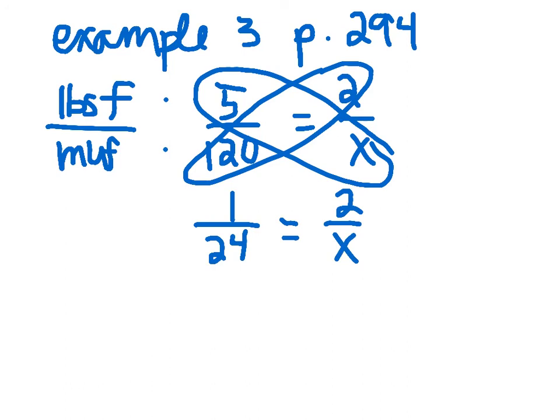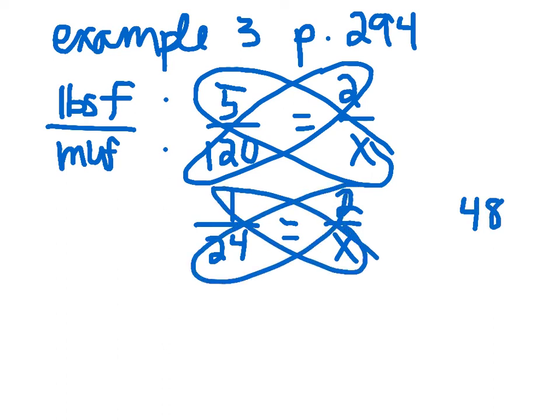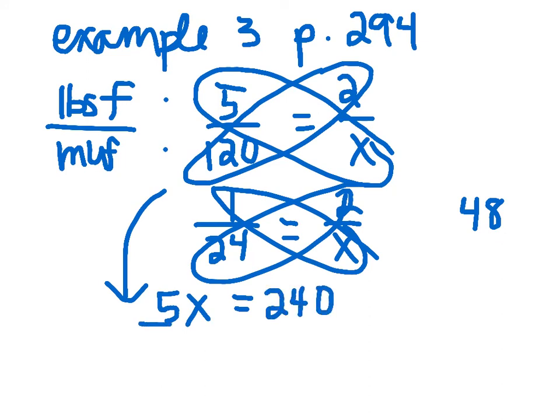And you can easily see then, without even doing any math, that the answer here is going to be 48. That's what you would get if you did this. Or if you did the work for this one, which would be 5x is equal to 240, and when you do this, you would find out that x is equal to 48. So that's that.